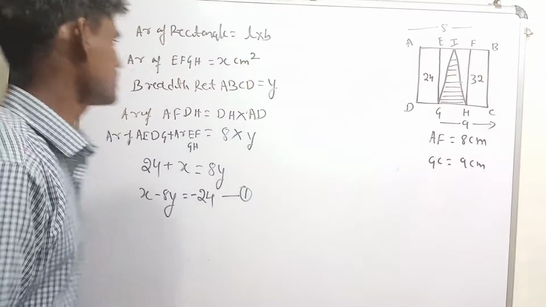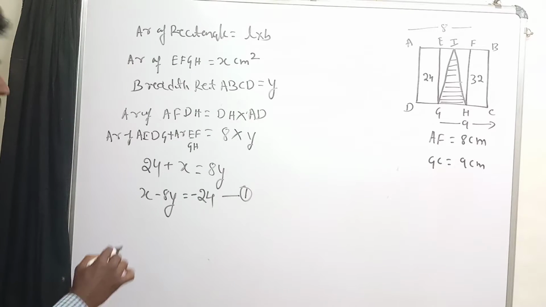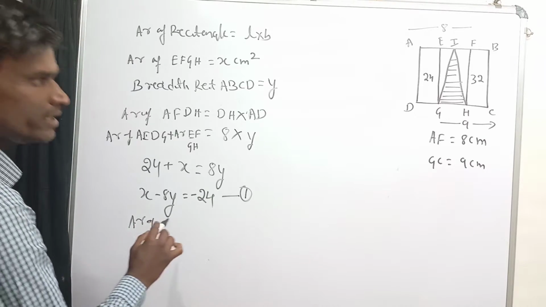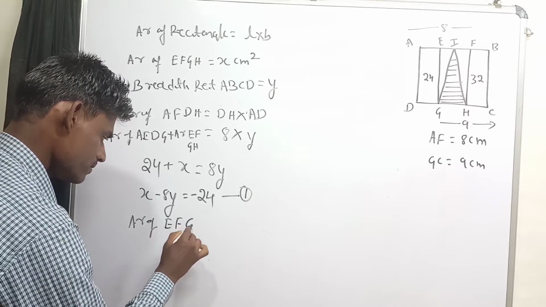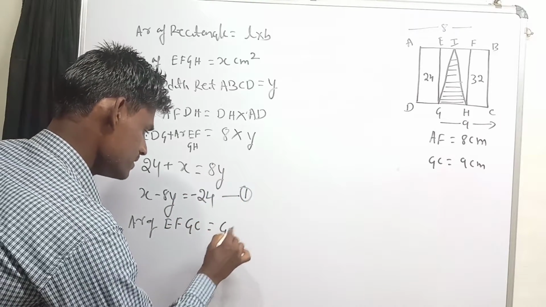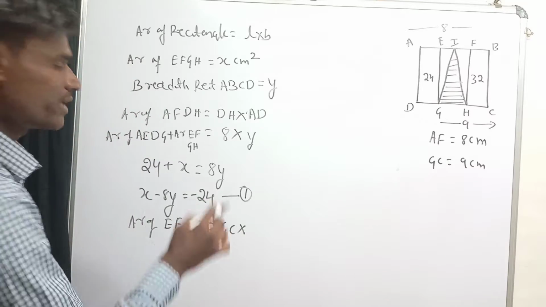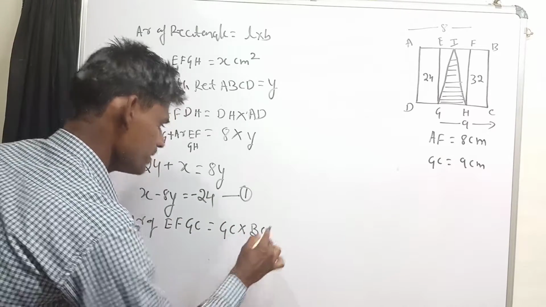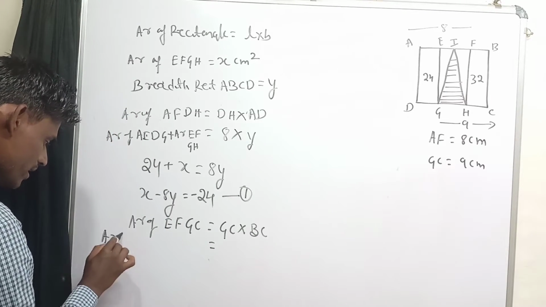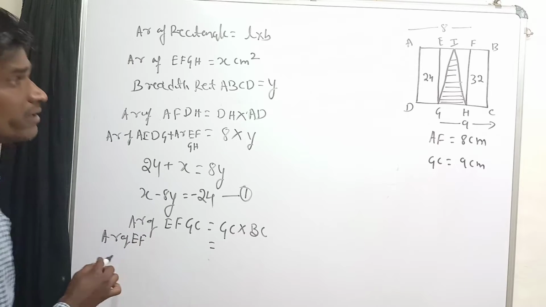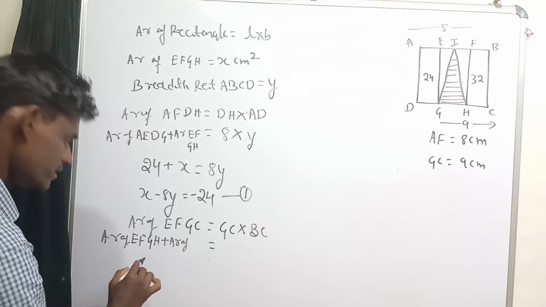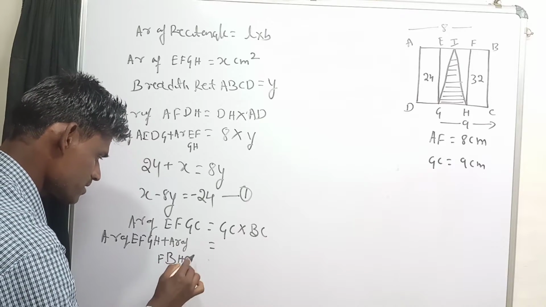Let's move on to the other side. I'm going to find out the area of rectangle EFGC, which is equal to its length GC into breadth BC. Area of EFGC is equal to area of EFGH plus area of FBHC.